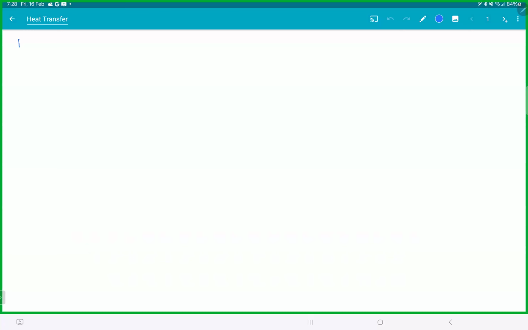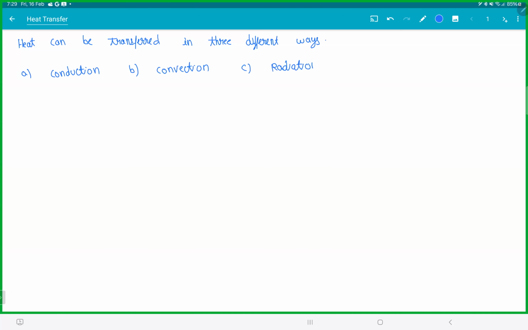So heat can be transferred in three different ways: conduction, convection, and radiation. In our portion, primarily we study conduction and radiation. So first, let's do the conduction part.